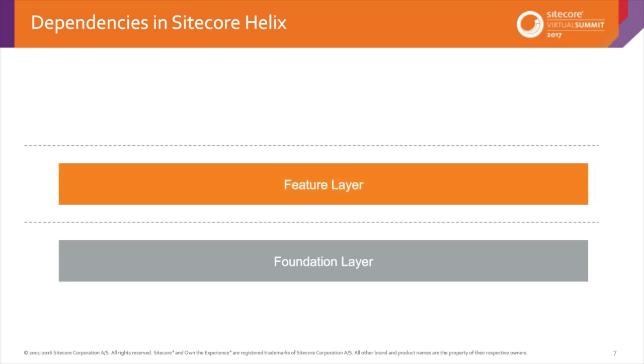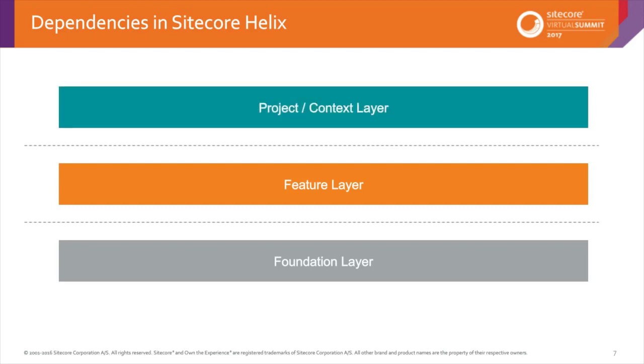This is flexible in terms of stability. And we have the project layer, or what I like to call the context layer, where you compose your features into a specific context. This is the least stable layer in Sitecore Helix and where your least stable modules should be. Dependencies should only move toward the foundation layer.